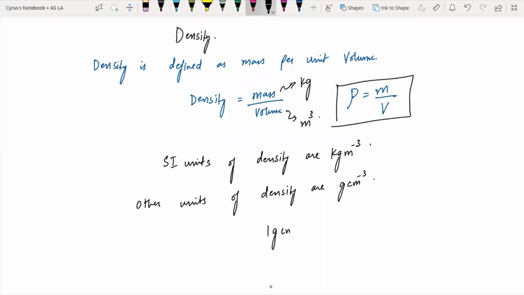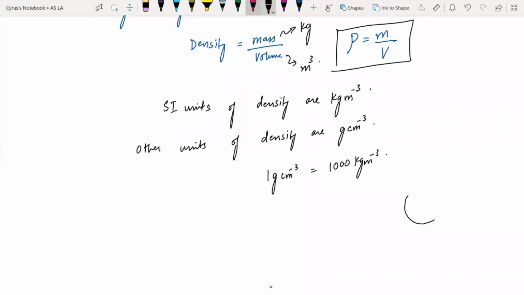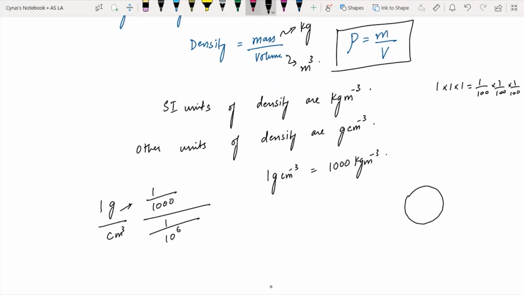1 gram per cm cube is equal to how many kilogram per meter cube? 1000 kilogram per meter cube. 1 ग्राम को किलोग्राम में करें तो 1/1000 करते हैं. 1 सीएम को आप मीटर में करें तो 1 सीएम क्यूब 1 into 1 into 1 is 1/100 into 1/100 into 1/100, तो ये हो जाएगा 1/10 raised to power 6. ये हो जाएगा 1/10 raised to power 3 divided by 1/10 raised to power 6.